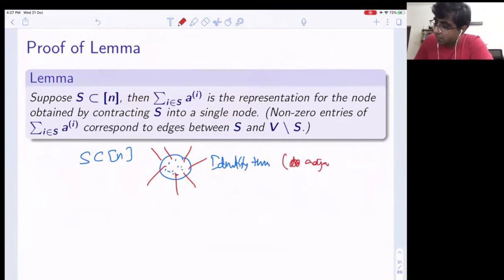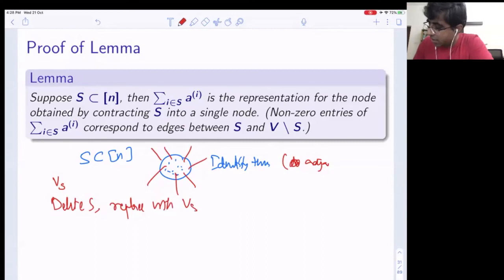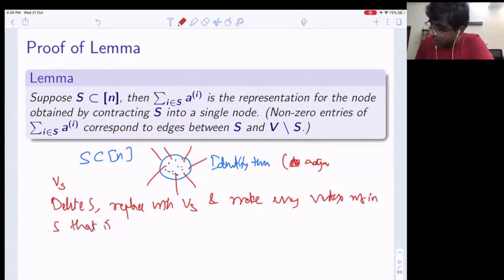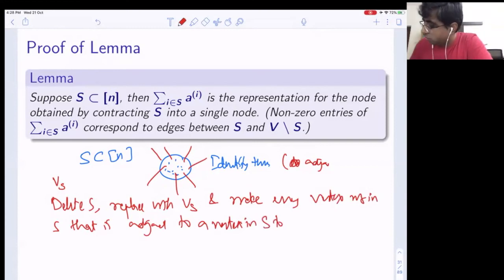So what I mean by this: I have a vertex V_S, and in my graph I delete S, replace it with V_S, and make every vertex not in S that is adjacent to a vertex in S adjacent to V_S.